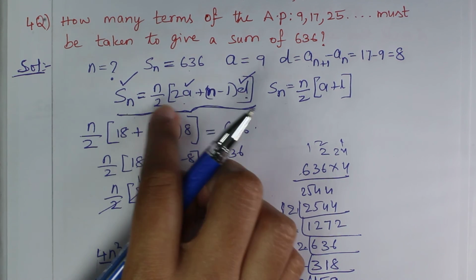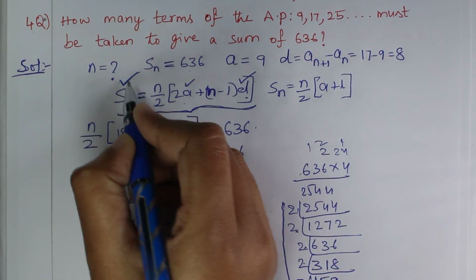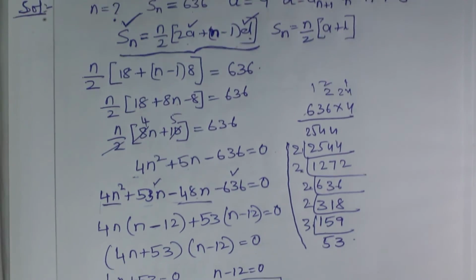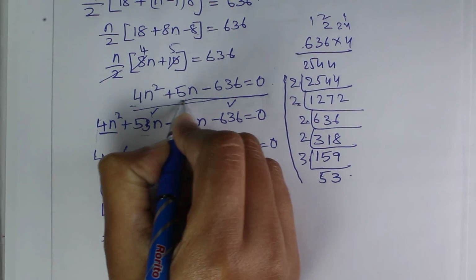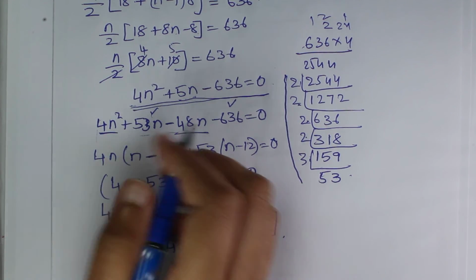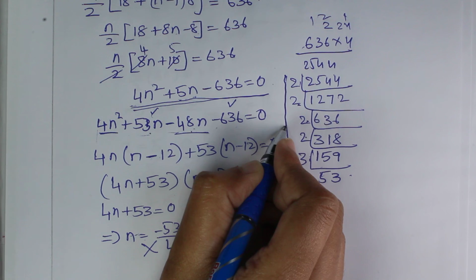Sn is equal to n by 2 into 2a plus n minus 1 into d. Here I have substituted the values of Sn, a and d and solved for n. So I got a quadratic equation 4n square plus 5n minus 636 is equal to 0. I solved this by splitting the middle term into two terms, that is 4n square plus 53n minus 48n minus 636 is equal to 0.